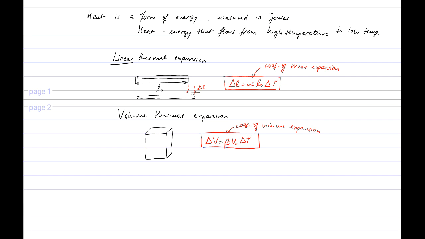Now a counterintuitive thing here is that there's a relationship between beta and alpha, between the coefficient of volume expansion and the coefficient of linear expansion. And that relationship is beta is 3 alpha. So that's a little bit strange to think about, but it is true.